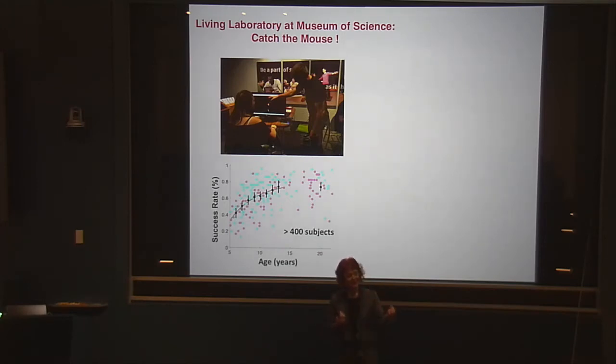Now, we're still in the middle of doing that, but on the side, we had one other interesting project that created a whole bunch of, call it, normative data. In order to test the validity and engagement of our suite of experiments, we took the opportunity at the Museum of Science in Boston to do one year of data collection, which also was an outreach activity to tell the public what we are doing and inviting them to participate.